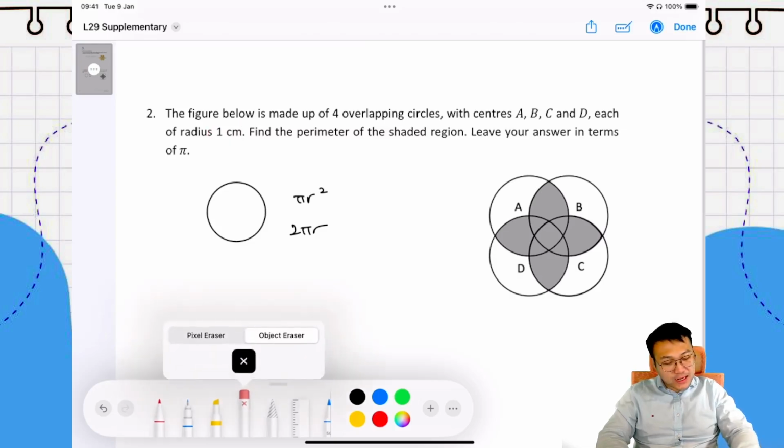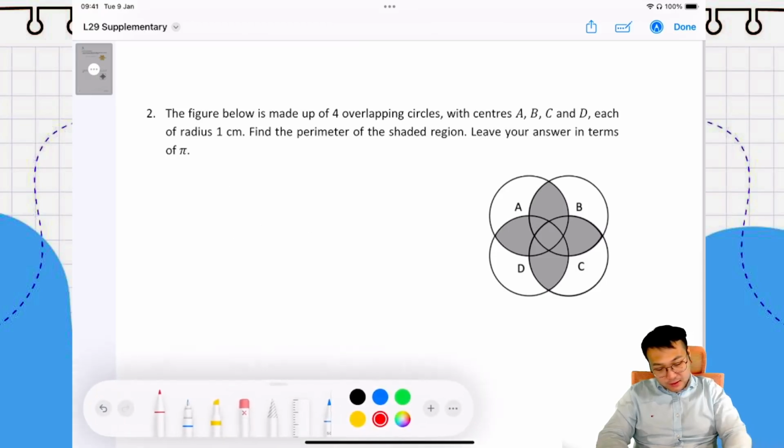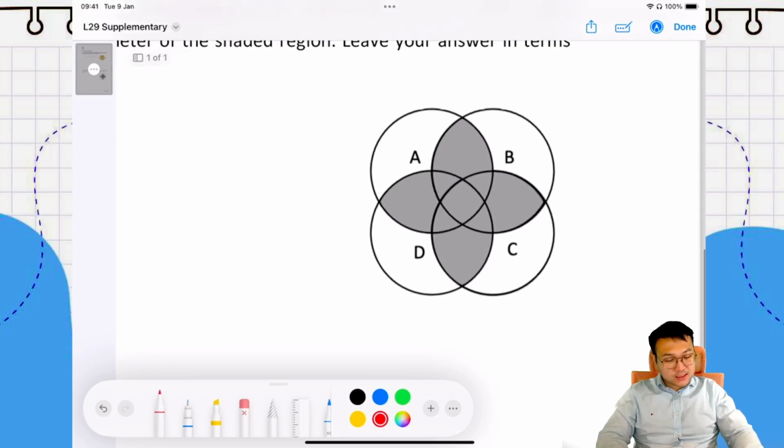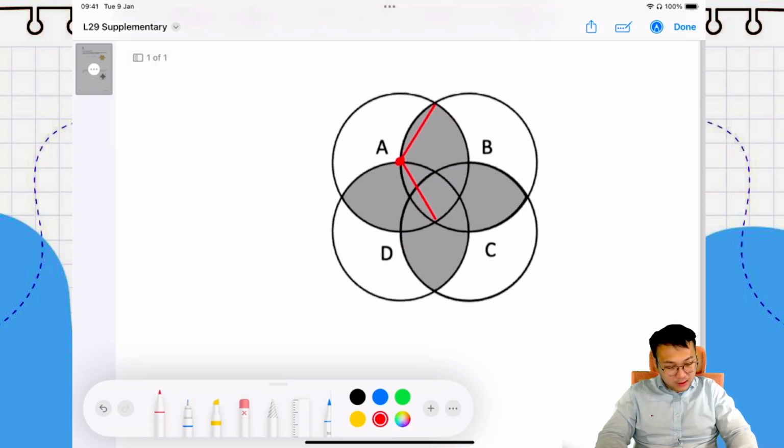Next, we must visualize. Okay, let me erase this first. Let me write down 2 pi r. That is how you find the circumference of a circle. Now, let's visualize something, students. This is the center of the circle. If I were to draw a line here, the radius, which is 1 cm, and I were to draw another line here, what do you get?